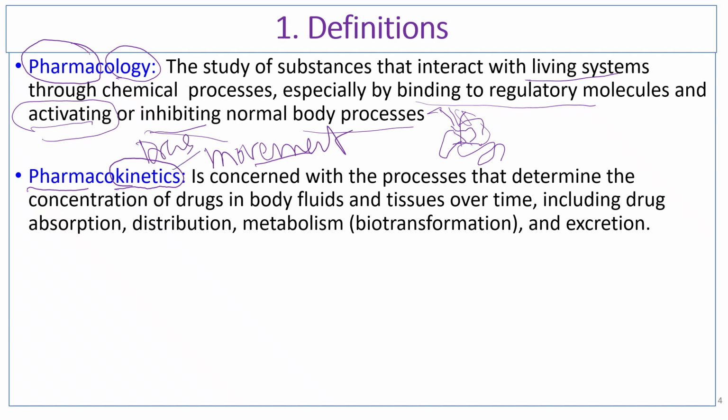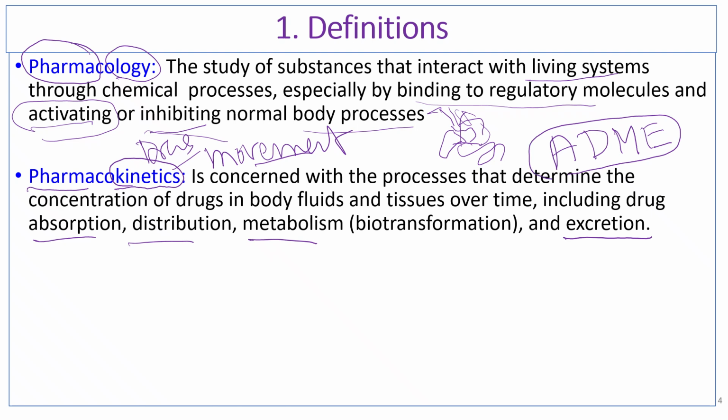When you take a pill, think that it has to be absorbed, distributed, metabolized or biotransformed, and excreted or eliminated from the body. That is called the ADME pathway: absorption, distribution, metabolism, elimination. It is considered as pharmacokinetics. Kinesis means movement. What movement? Drug movement, where it moves in the body. So ADME, absorption, distribution, metabolism, excretion, the ADME pathway, is pharmacokinetics.